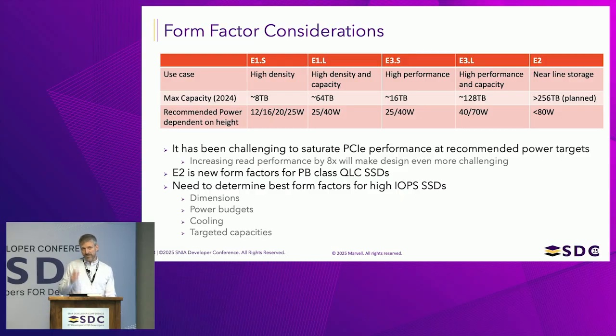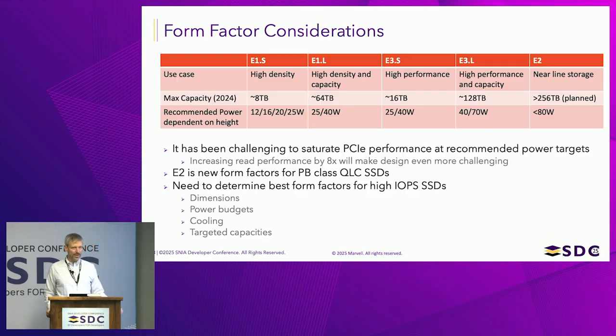And then there's a new form factor, E2, that really targets nearline storage, for high capacity QLC SSDs. I'm showing here also the typical capacities that are available currently, or have been available last year up to now, for these different form factors, just to give you a sense of what the capacity points are.